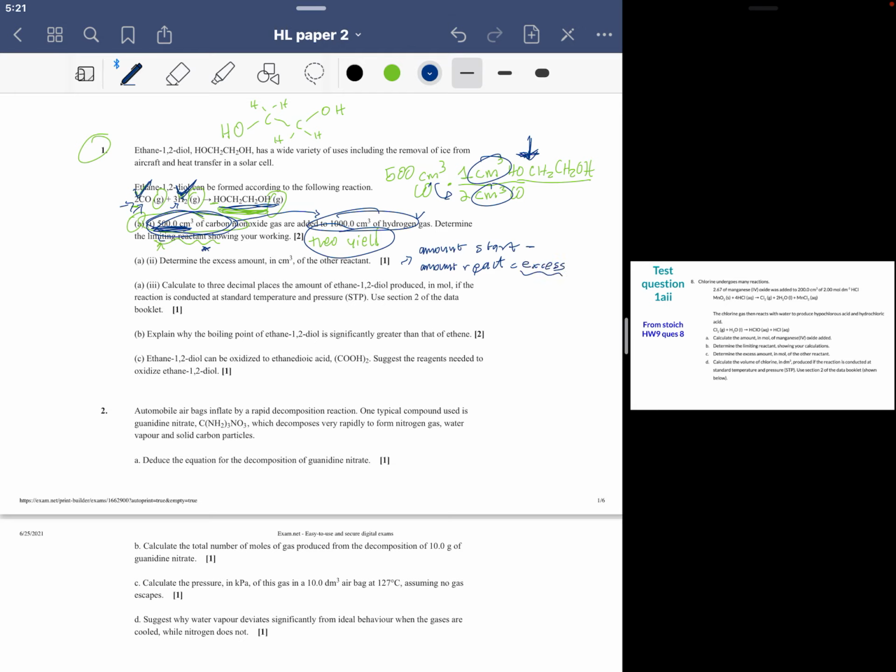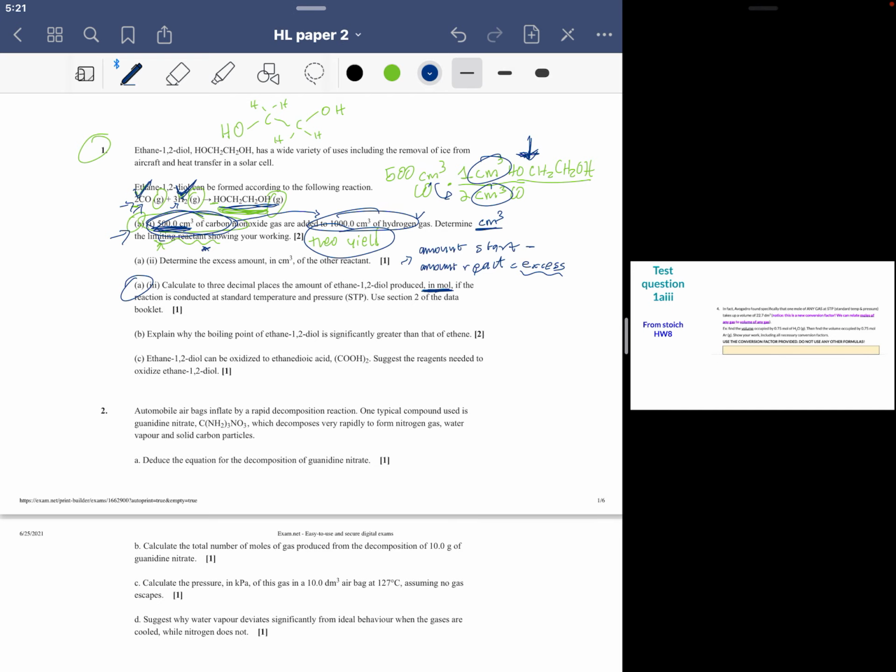Okay, so again, you can find all of my work in the mark scheme, just pointing out big picture things. In 3, here we were finding the amount of moles, given that we just found the amount of centimeters cubed produced, the theoretical yield.